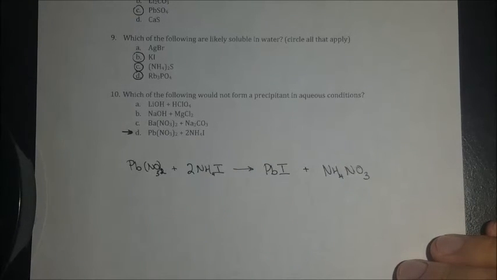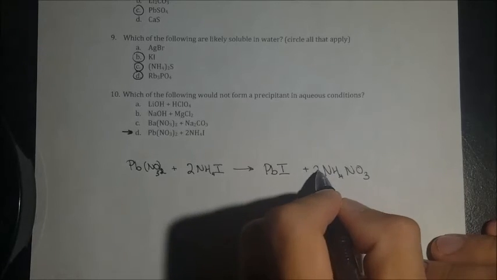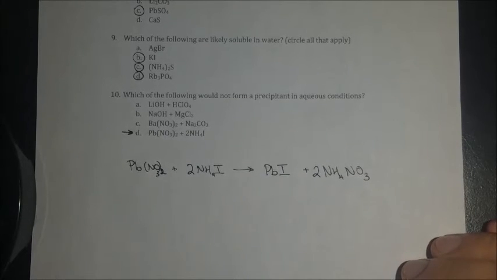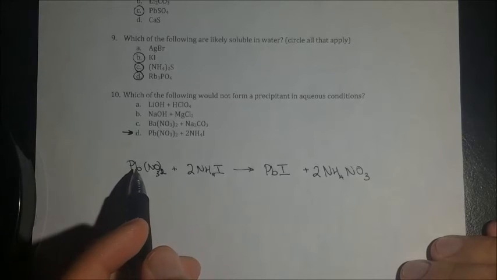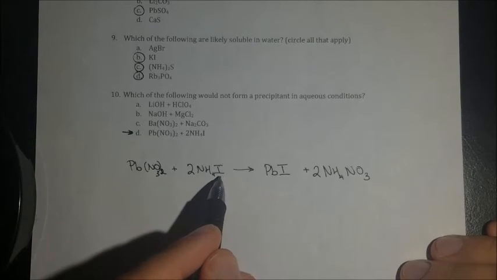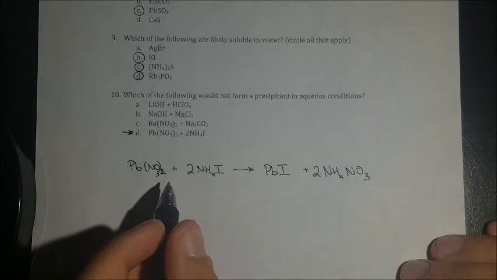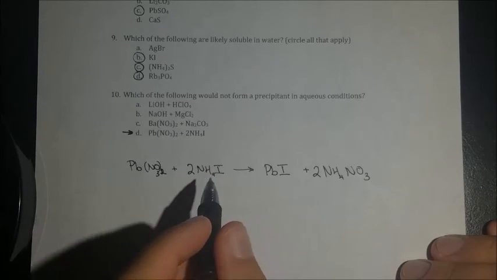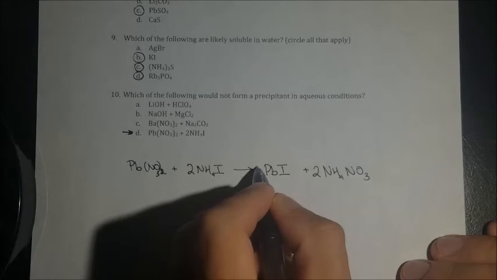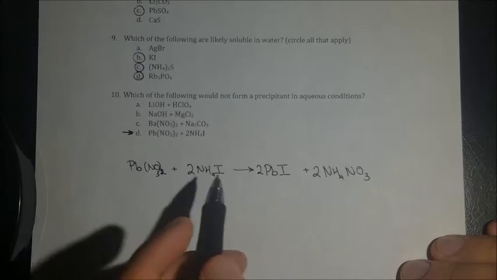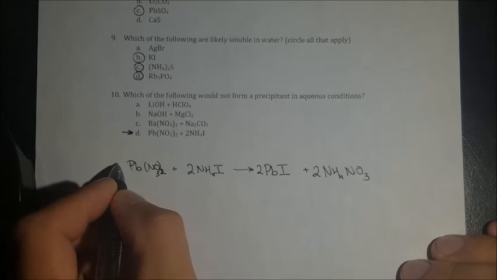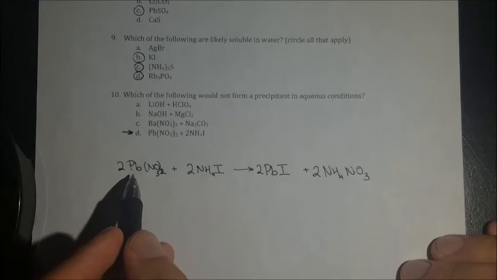And let's make sure we balance our reaction, so there's just going to be a 2 in front of that right there. And so we got 1 lead. Oh, we need 2 iodides. Okay. So let's take a second here and balance this. We have 2 iodides, so we need 2 leads, and that's going to have to be a 2.